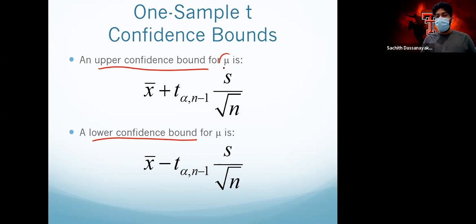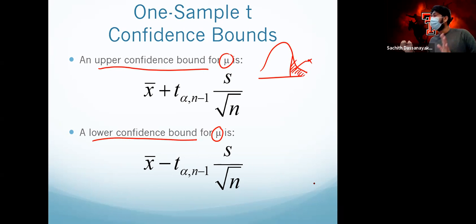Still we are dealing with mu. At that time we don't have alpha over 2 because we are just considering alpha. If it is upper bound, we are considering just alpha, no alpha over 2, because there is no confidence interval. We have only confidence bound, either upper bound or lower bound.